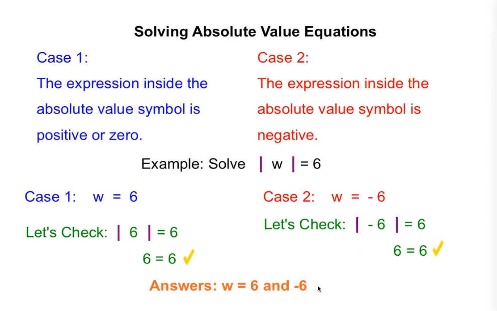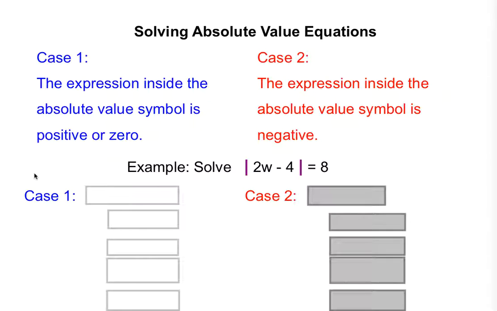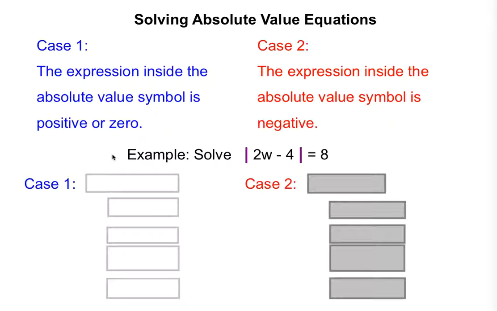Let's move on to something a little bit more complicated. Our next question, we're trying to solve the absolute value of 2w minus 4 is equal to 8. So already we should know that whatever this value is inside your absolute value has to be equal to 8 when you take the absolute value.